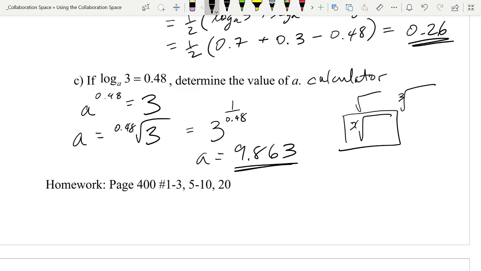So if you have a button that is x to some power like that, or x to the hat, or it's x to the y, or something like that, that button you use to do a number to the power of 4 or 7 or whatever, the inverse of that button, the shift of that button, is usually your root button. So give it a try. See if you can make this answer on your calculator. And that's basically it for 8.3.